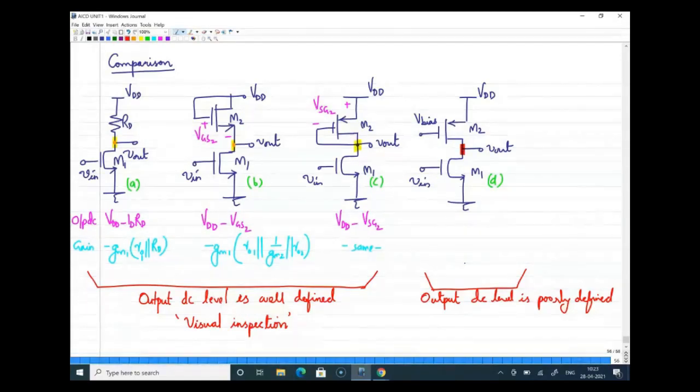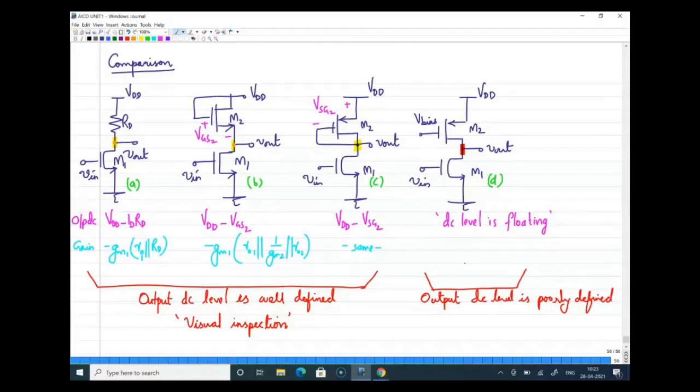So we comment it like this: the DC level is floating. What is the meaning when we comment the DC level is floating? The DC level of this circuit should be fixed by an external circuitry.